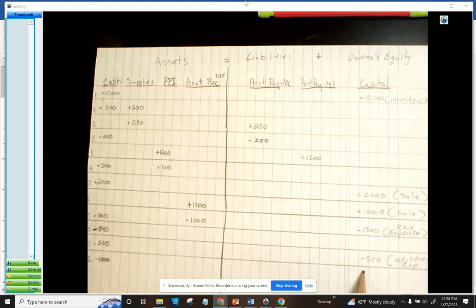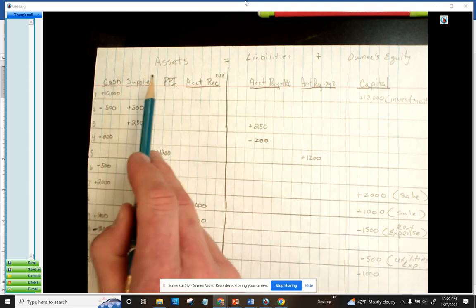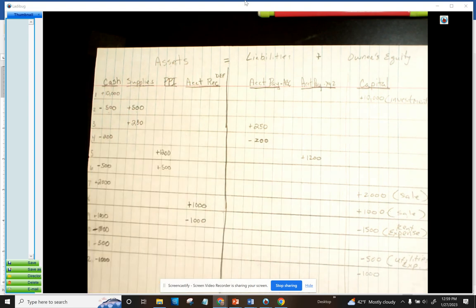You come over here, you need to subtract $1,000 from capital because the value has left the business. You can replace it with supplies or with insurance or anything like that. The key here, and you'll see it on the test, this isn't an expense, this is a withdrawal. Impacts the equation the same way, making capital go down, and owner's equity go down, but it isn't an expense. Okay, expenses for operating the business, withdrawals for personal use.